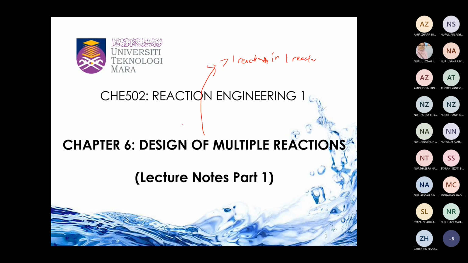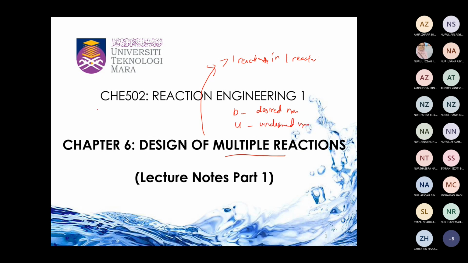Here you will also learn a new term, which is desired and undesired. You need to be familiar with these terms: D is defined as the desired reaction, and U refers to the undesired reaction.